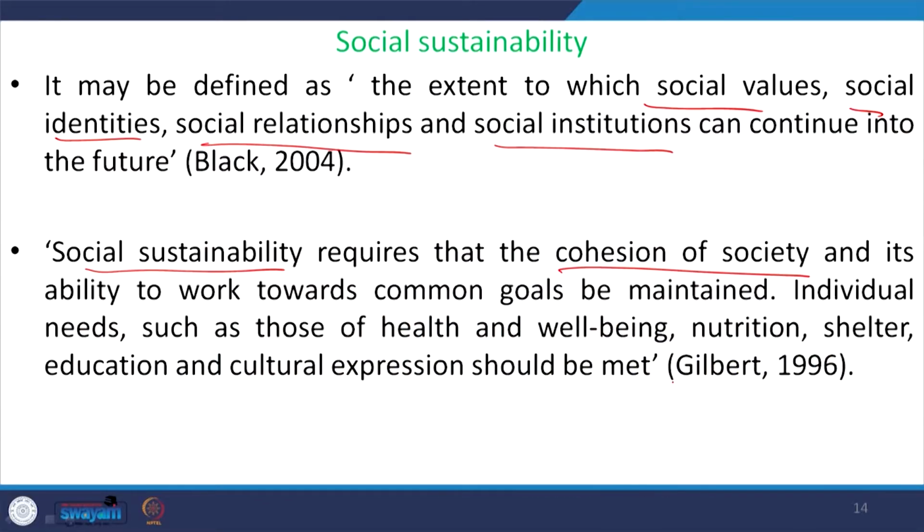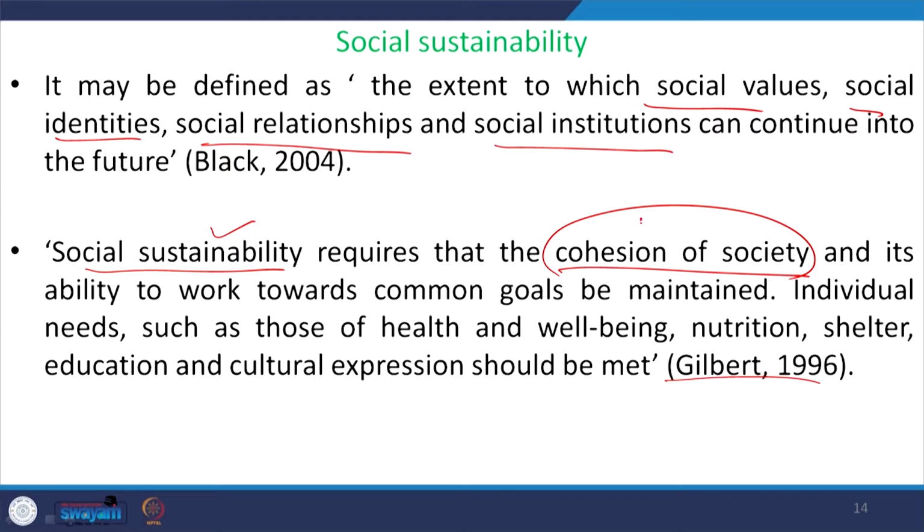Basically, Gilbert in 96 defined that social sustainability is possible if there is a cohesion of the society experienced.